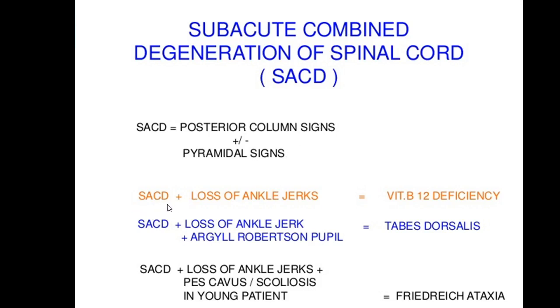SACD plus loss of the ankle jerk. If it is associated with the loss of the ankle jerk, then it represents vitamin B12 deficiency. If SACD is associated with loss of the ankle jerk and Argyll Robertson pupils, it is known as tabes dorsalis.